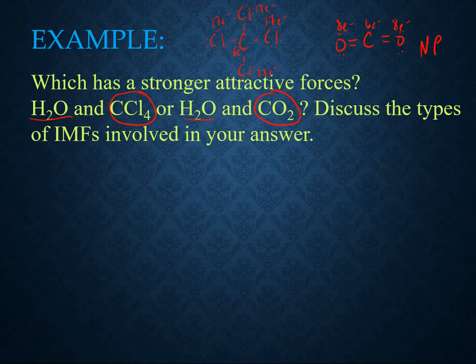So I would declare that the water and the carbon tetrachloride happens to be the stronger force because the London dispersion forces that will be created in the induced dipole of the carbon tetrachloride is going to be much stronger than the induced dipole forces of the carbon dioxide due to the massive size of the cloud.